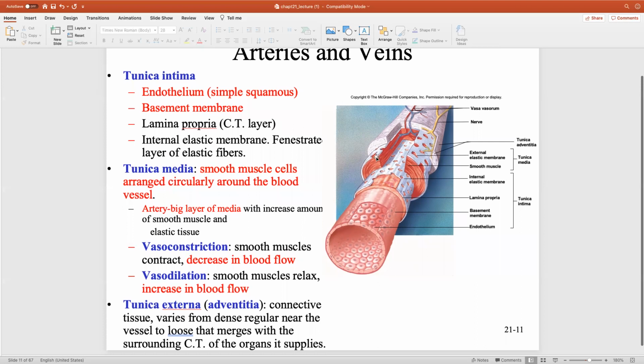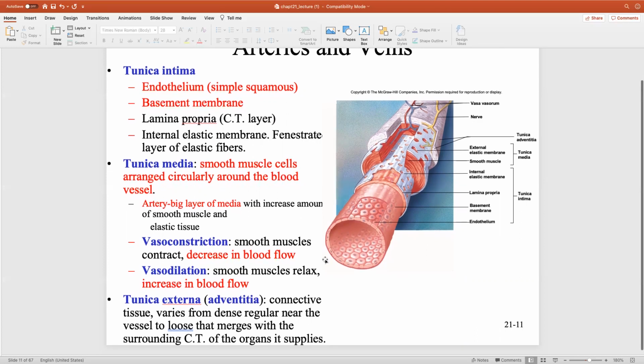Then, in the most superficial aspect, we see the tunica externa. And depending on where we are, right, in a GI tract, we might have a tunica externa or an adventitia. This is just connective tissue found on the outermost regions of the artery and vein.